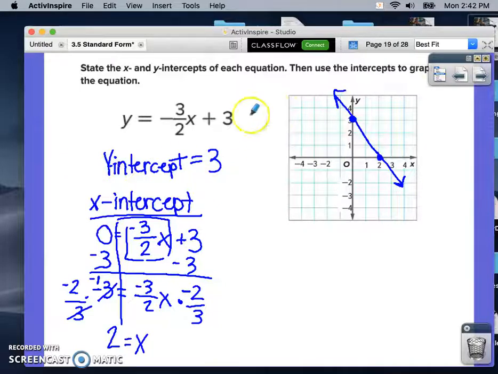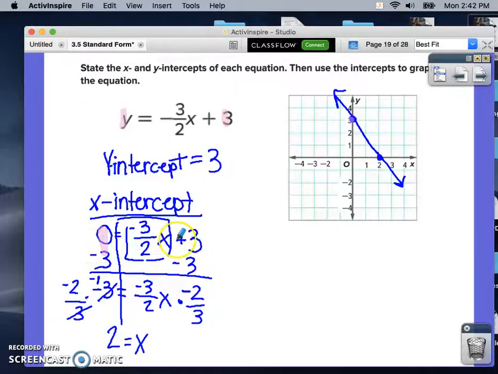Here we have, again, y equals mx plus b form. So right away I know that this is my y-intercept. So I'm going to plot the point first, and then I'm going to figure out what my x-intercept is. So I'm going to replace y with 0 in this. So if you look here, this becomes 0.